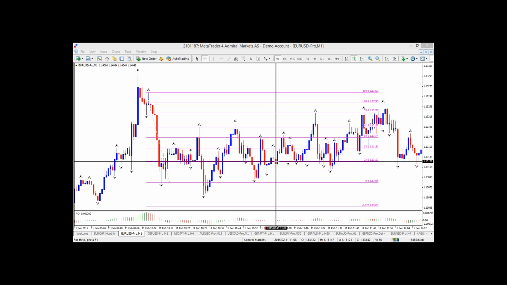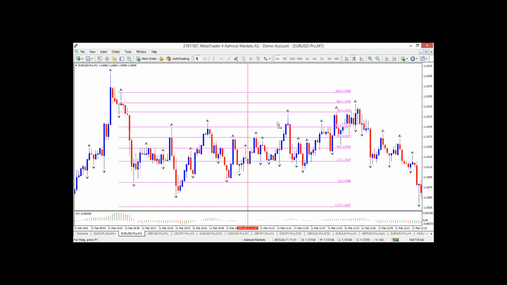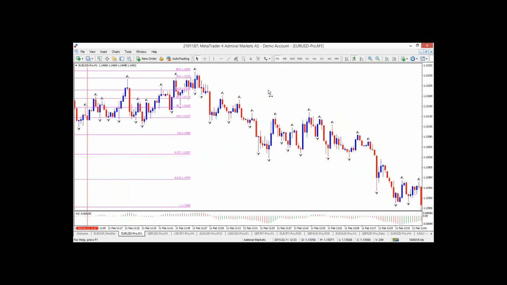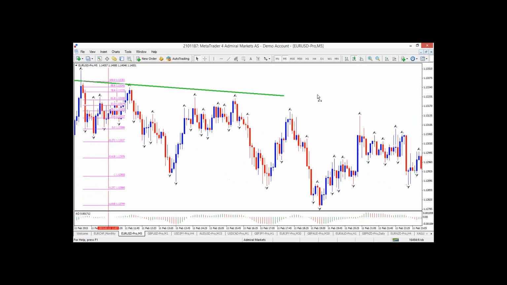I don't want to say it's that simple and only that is what I use, but I do like to use it. I think many times it is very precise, not always, but I do think it's a very good element to add. And most of the time, you do see these runs. Let me maybe go to the 5-minute chart here.